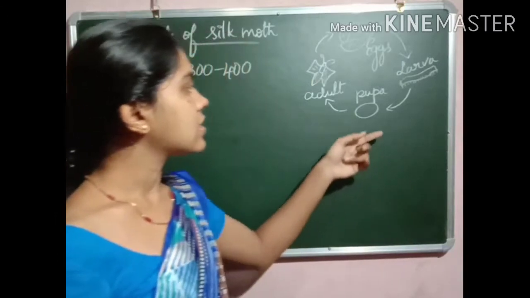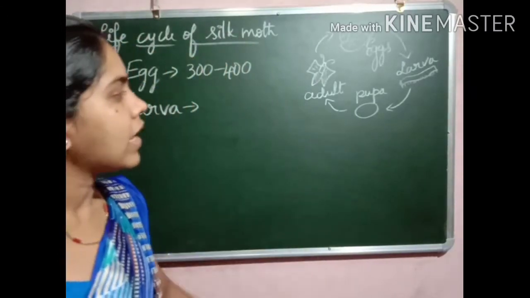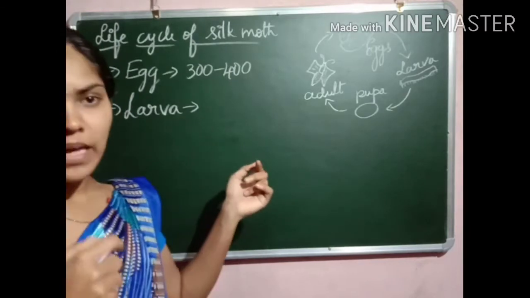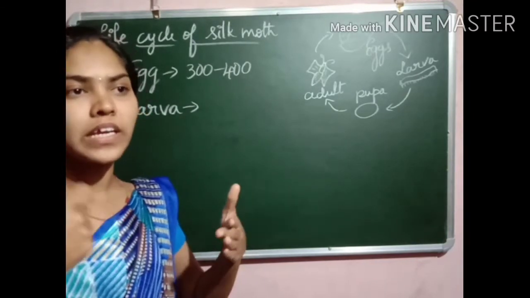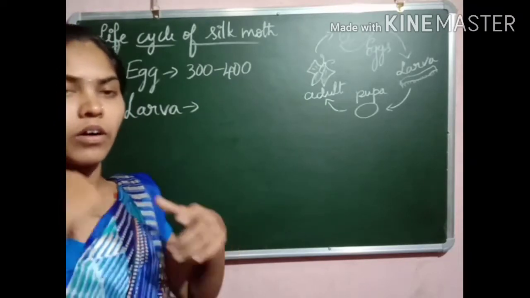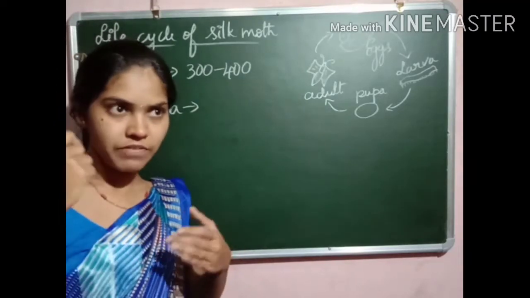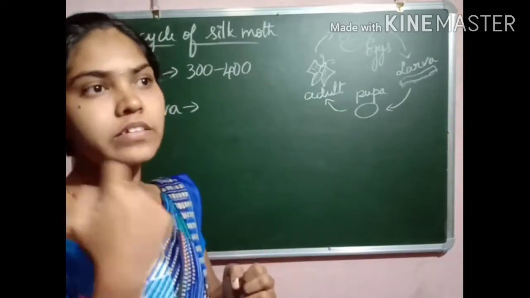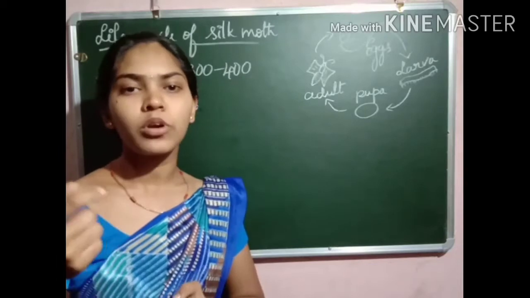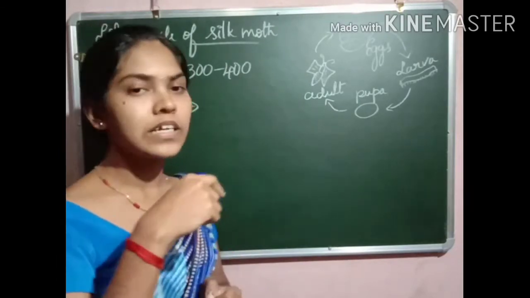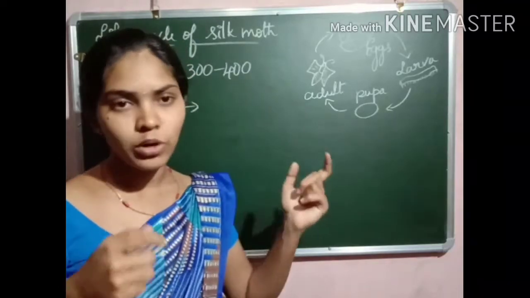The next stage is pupa. What is pupa? Eventually the larva starts building a web around itself in order to protect itself. Slowly it starts covering its body with fine protein filaments.